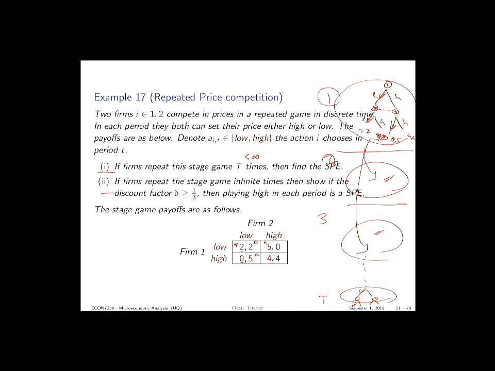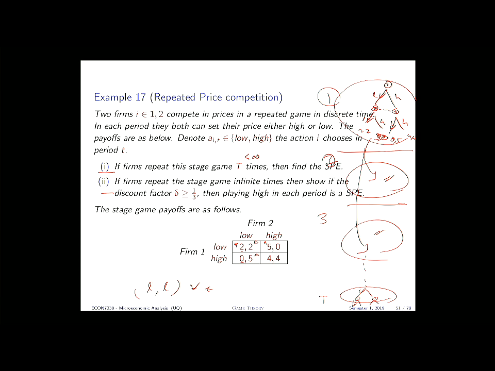Okay? Now, for this example, as you know, we have only one NE. Now we simply answered the first question. The SPE of this game is LL at every t. Again, there are multiple ways to write this. You just need to make sure that you write the correct set of strategies of the stage game.